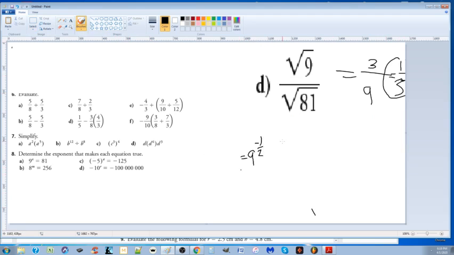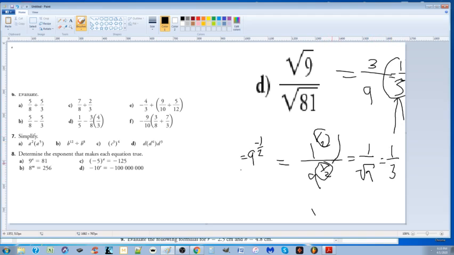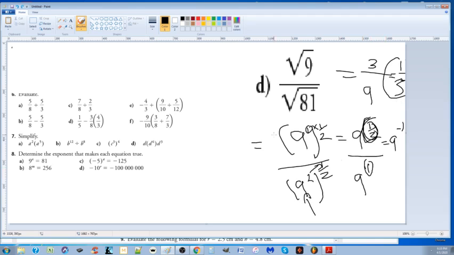So I said that a negative simply means that you send it to the bottom. So now I'm left with 9 to the half. And I said that a half is the same as the square root. So we're left with this. And what's the square root of 9? It's 3. Long way to get to the same answer, but you can see that all the exponent rules still worked to get to there.